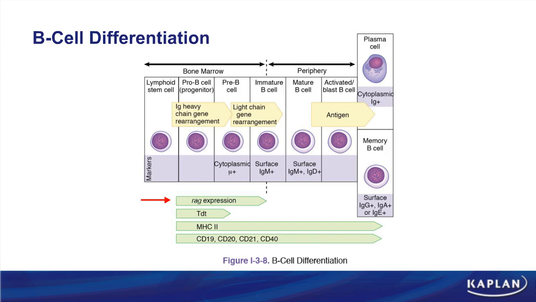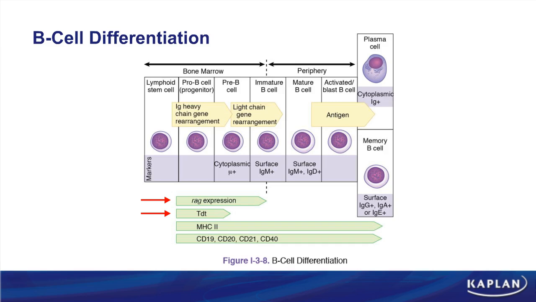We also have the expression of TdT. Remember, TdT is involved in junctional diversity. Once I begin rearrangement of my gene fragments for the heavy chain, I will already be expressing TdT. And I also want to reiterate that the activity of TdT pretty much diminishes after I have my heavy chain gene rearrangement.